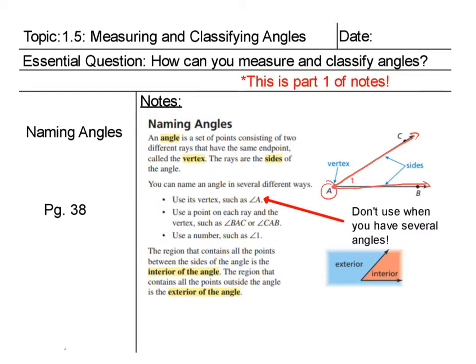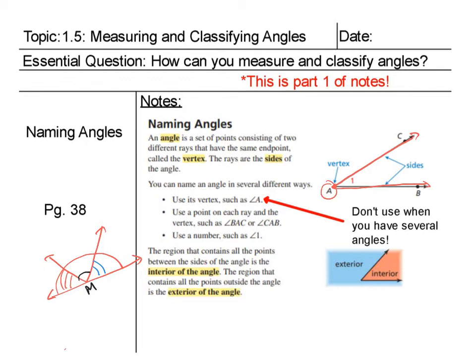For example, if I gave you a picture like this and I had M in the middle, you couldn't say, oh, I'm looking at angle M, because I don't know if you're looking at this angle, or this angle, or this angle, or this angle. So you want to avoid just using one letter unless it's very clear that the angles are separated and it's very easy to see.